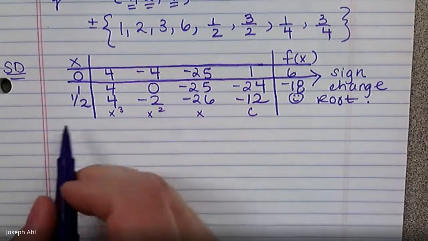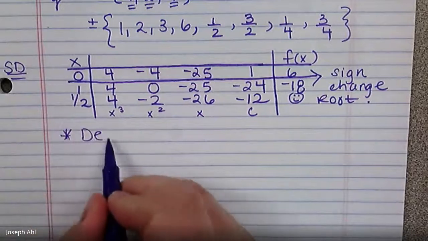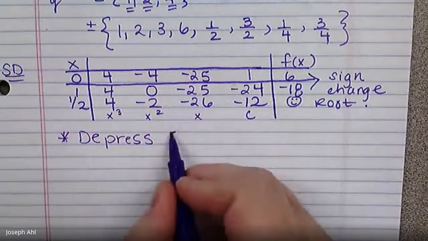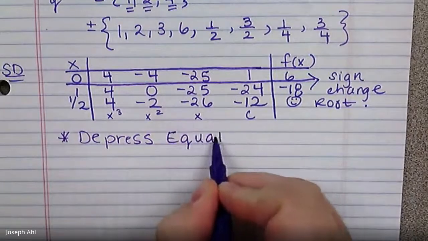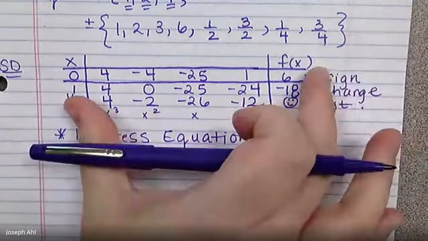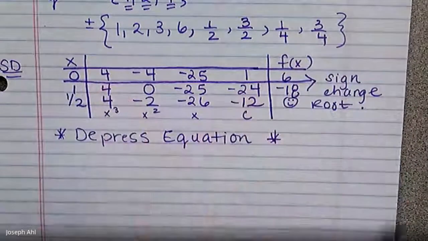So what you have to do in this step, you can't keep using the same original coefficients in synthetic division. You have to do what's called depress the equation. Depress is not a sad thing. It means actually take it and condense it to 1 less degree.